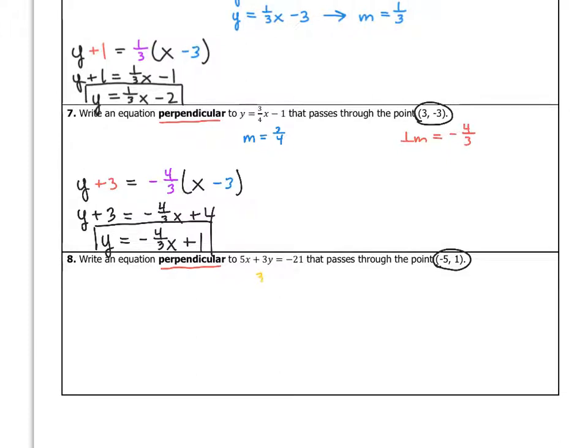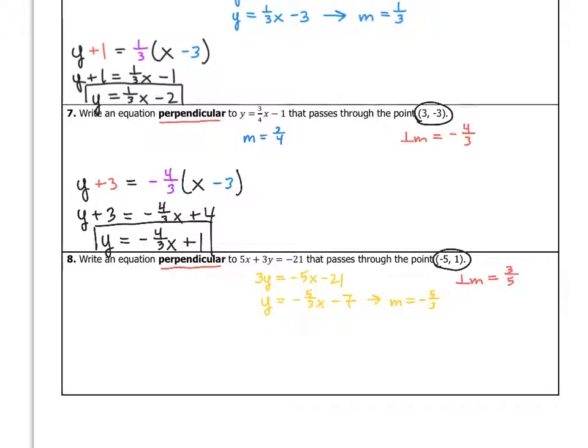That would be 3y equals -5x minus 21, and then y equals -5/3 x minus 7. So this line has a slope of negative 5/3. We need the opposite reciprocal of that slope, and so that would be positive 3/5.